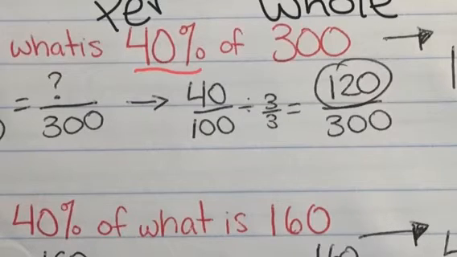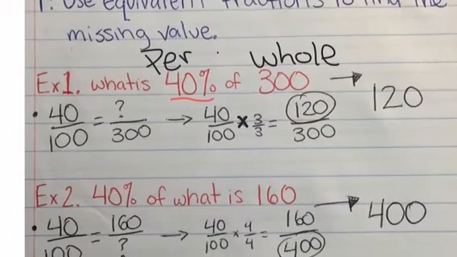So let's get rid of that division sign, because this should be multiply. Anyway, we have 100 times 3 equals 300. And if we have 3 here on the bottom, we have to have it on the top. So we do 40 times 3, and 40 times 3 is 120. So what we're looking at here is that 40% of 300 equals 120.